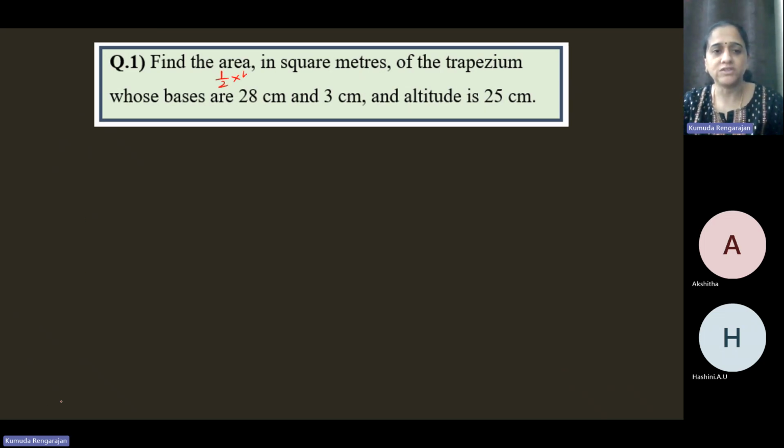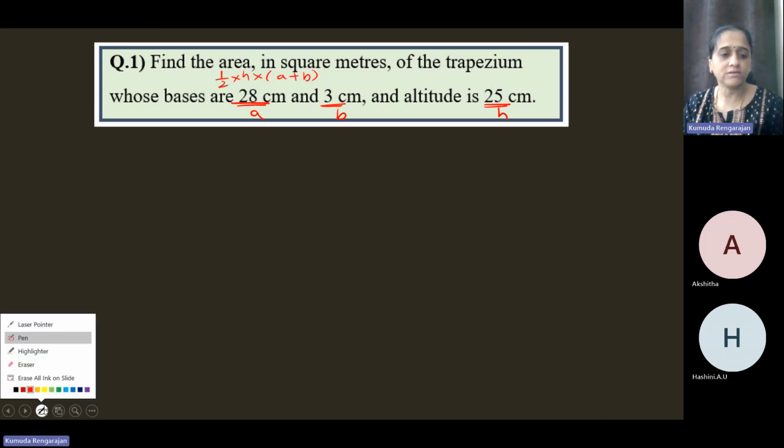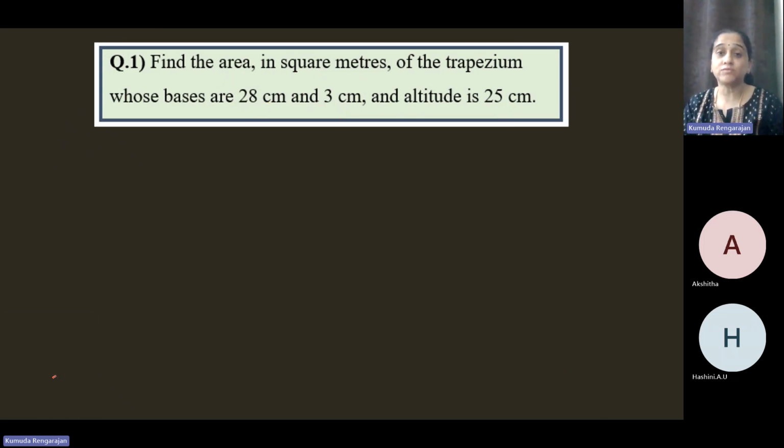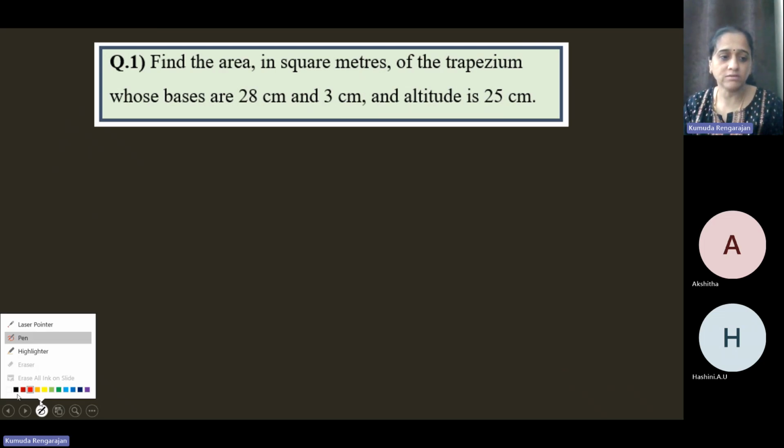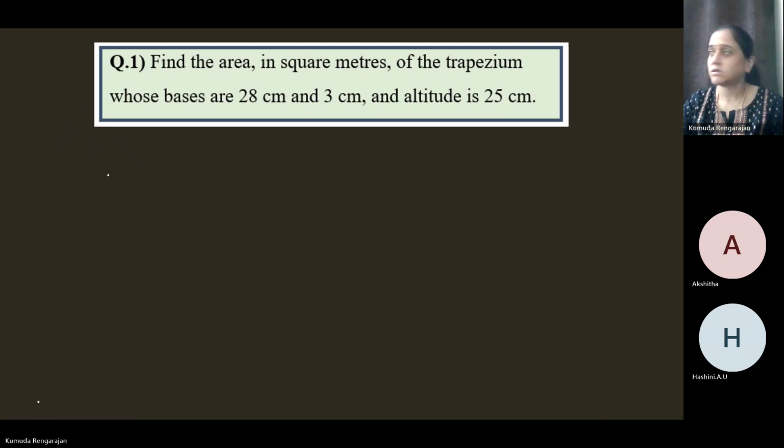Half into H into A plus B. So 28 is A, 3 is B, and 25 is H, the altitude. Correct? So just use the values in the formula and find the area, but you should find the area in meter square. Okay.